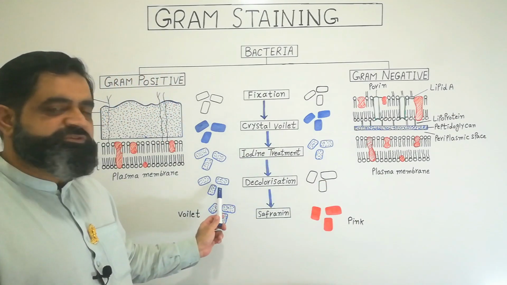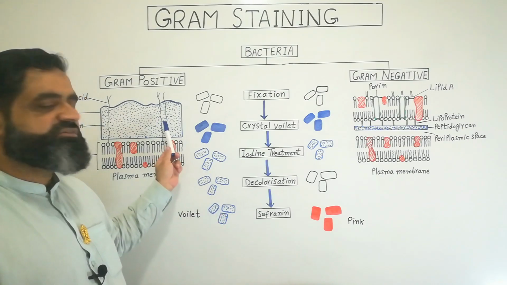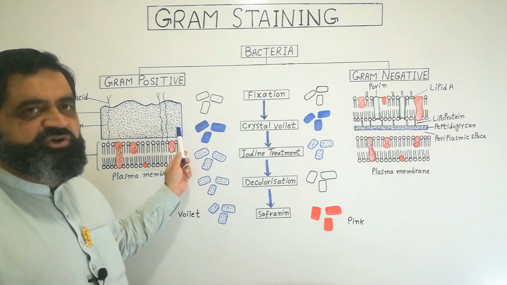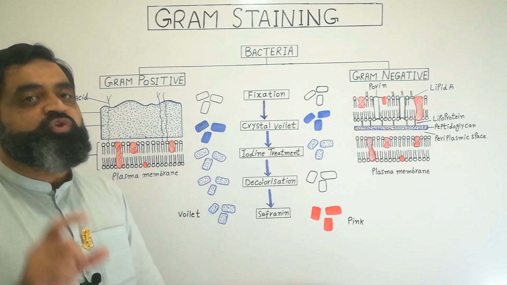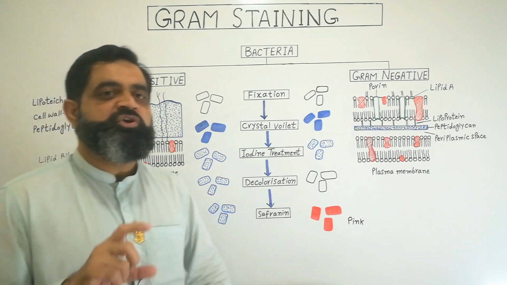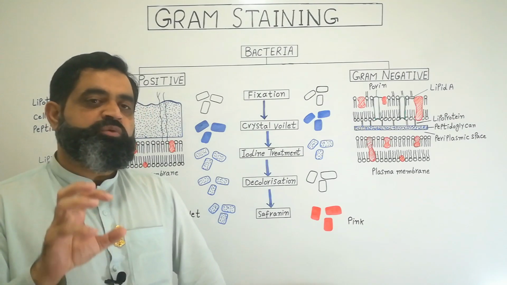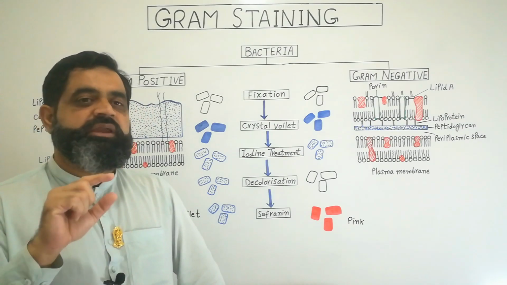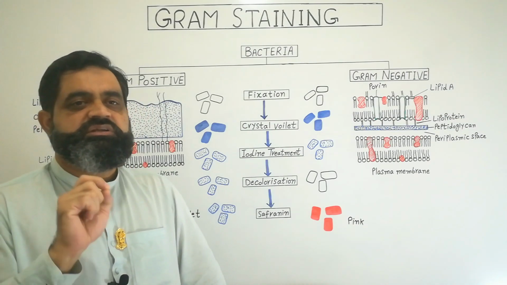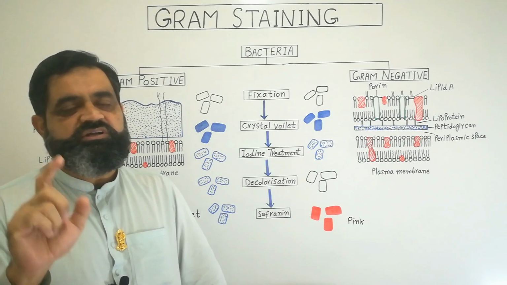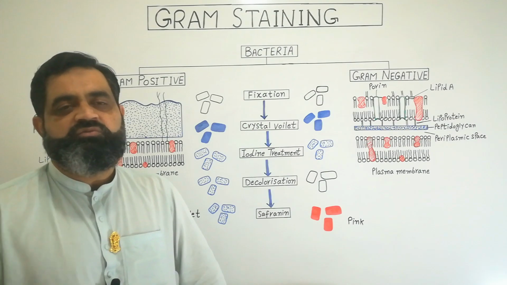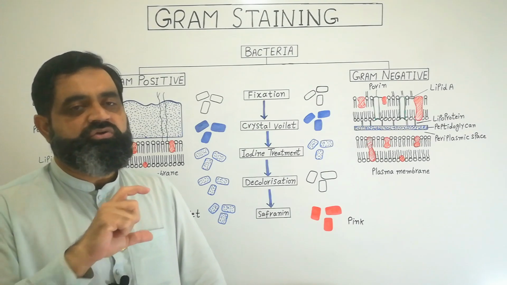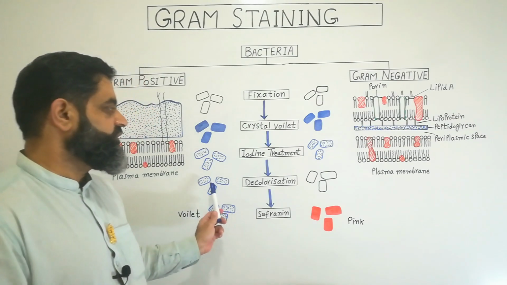The gram positive bacteria, which usually have a thick cell wall made up of peptidoglycan, will not lose the color and will still remain violet or purple. Why? Because they had absorbed the crystal violet dye and made a complex known as the crystal violet iodine complex, CV1 complex. Due to the thickness of their cell wall, they cannot be decolorized. So these bacteria are known as gram positive.